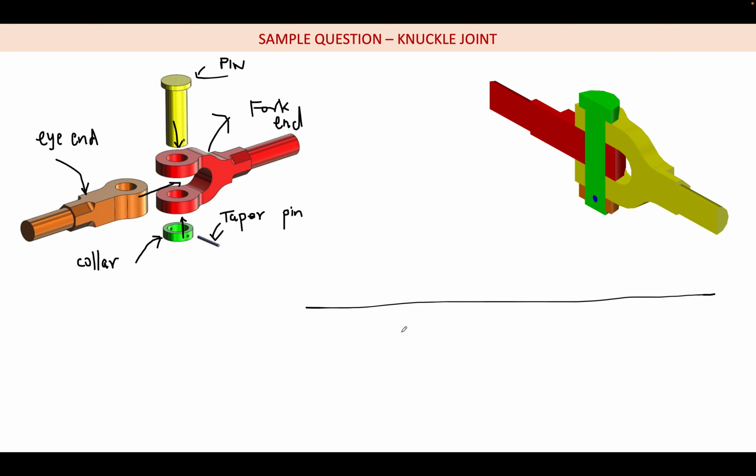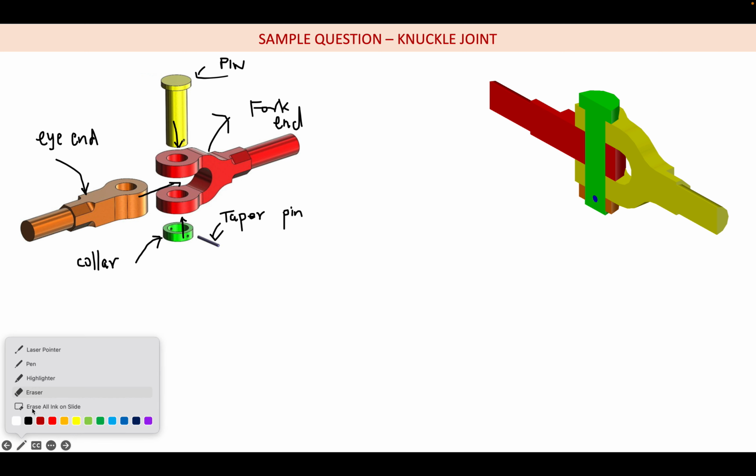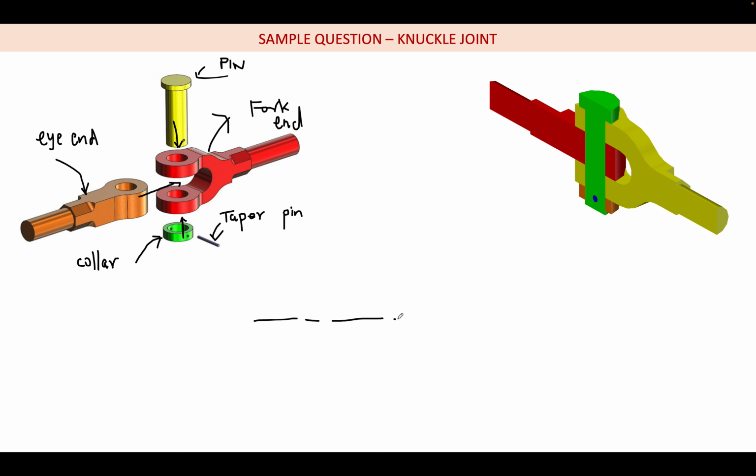So like this I am going to draw, sorry, first let me draw correctly. I am going to draw the center line. For the purpose of convenience, I am going to represent it here also.